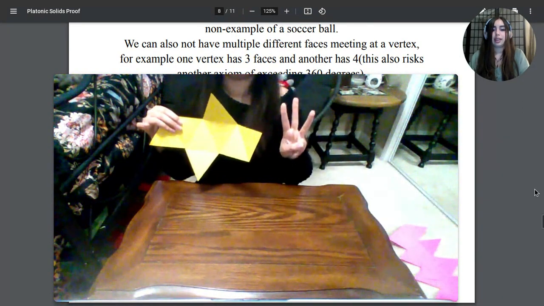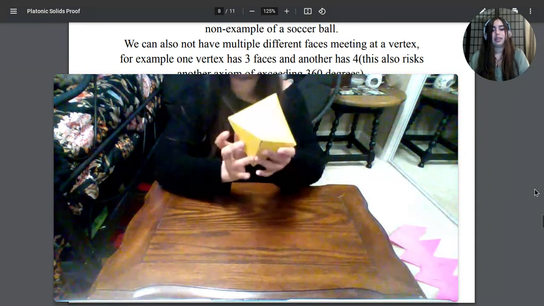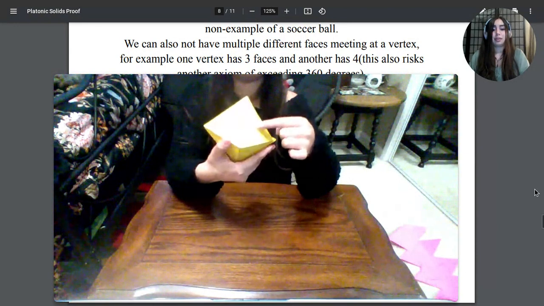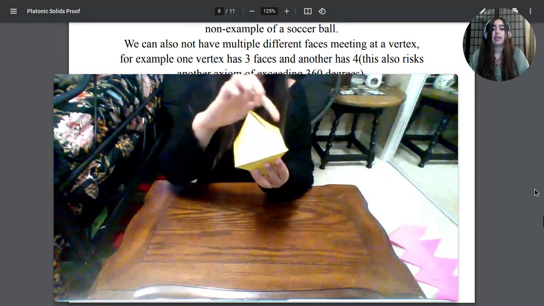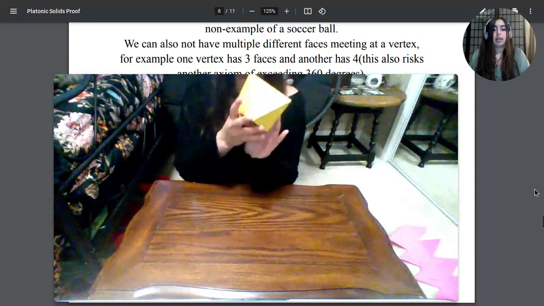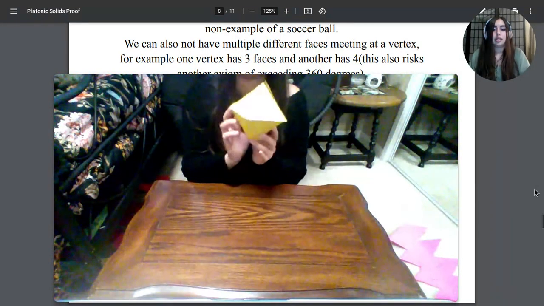So yeah, 8 sides, and when we fold it, it becomes the octahedron. So therefore our octahedron exists because it has 4 faces meeting at each vertices.